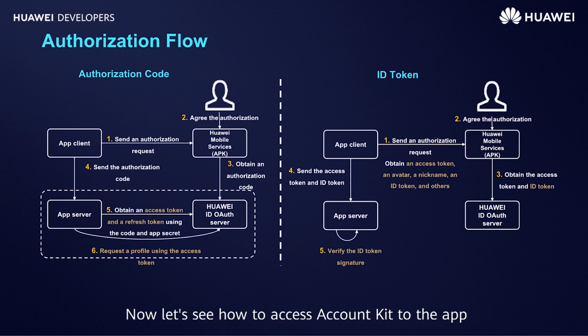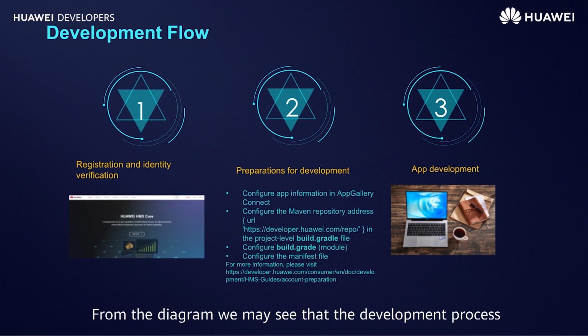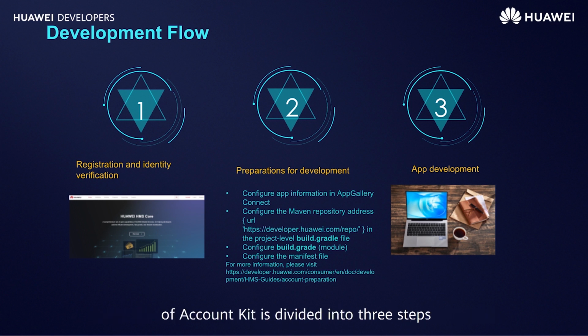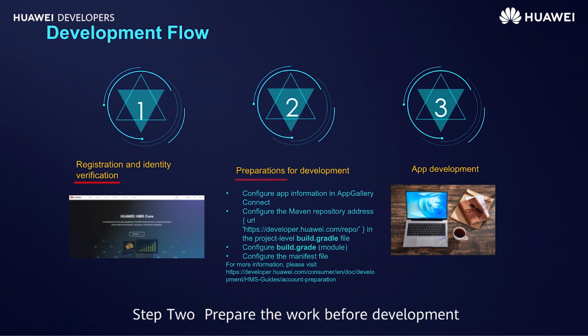Now let's see how to access Account Kit to the app. From the diagram, we may see that the development process of Account Kit is divided into 3 steps. Step 1. Register the account of Huawei developers, and conduct the real-name authentication. Step 2. Prepare the work before development, which includes 4 steps.